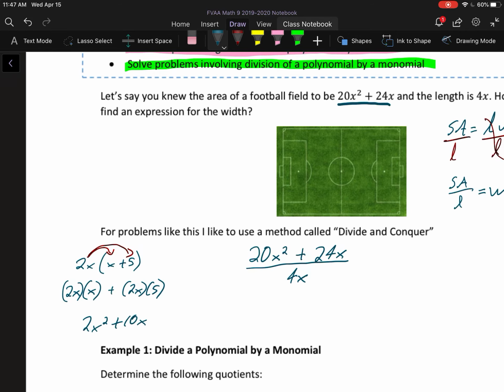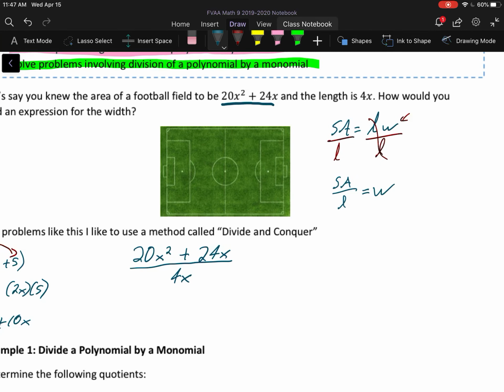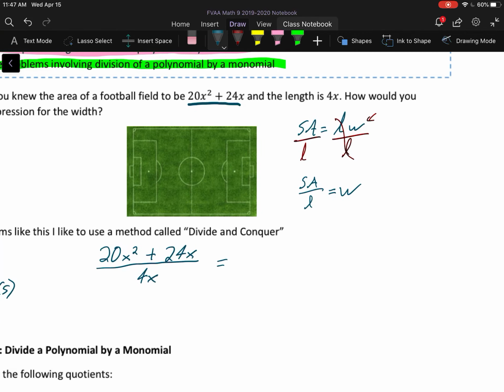When dividing a polynomial by a monomial, you have to do the same thing. You're distributing the monomial to each term in the polynomial. So what you essentially get is 20x squared divided by 4x plus 24x divided by 4x.